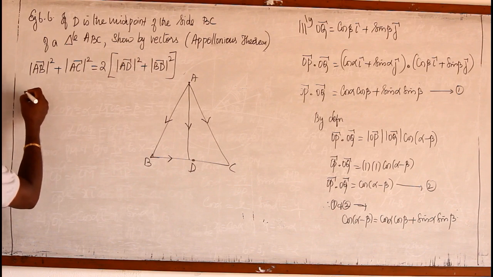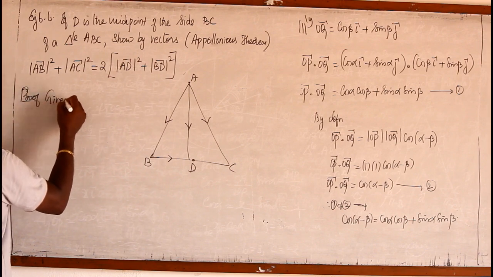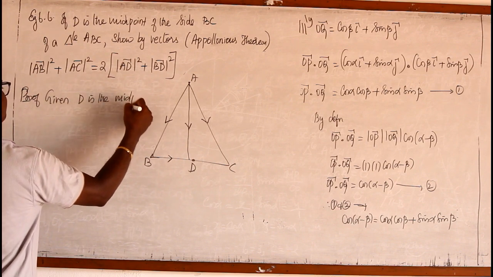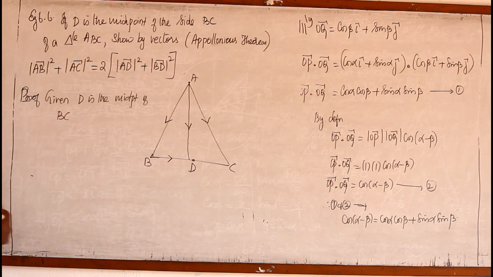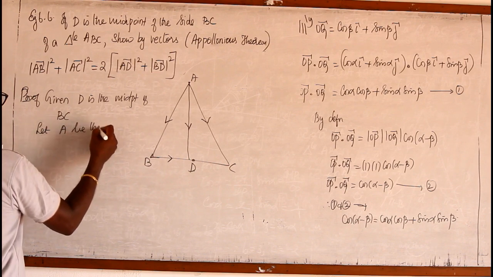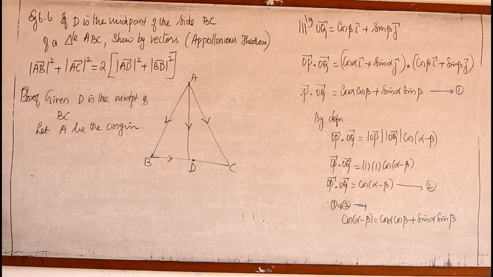Proof. Given D is the midpoint of BC. Before that, let me take A as the origin. I am going to use the position vector concept.